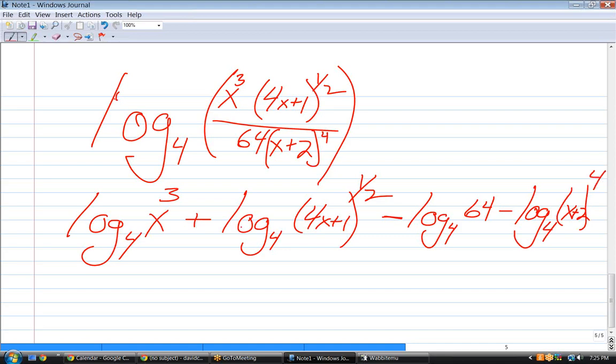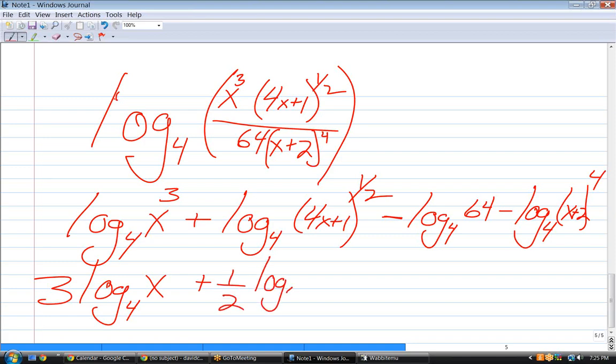Notice that every product becomes an addition, and every division becomes a minus. Now, we haven't fully expanded it because we can still take these exponents. In other words, the next line is 3 log base 4 of x plus 1/2 log base 4 of 4x plus 1.